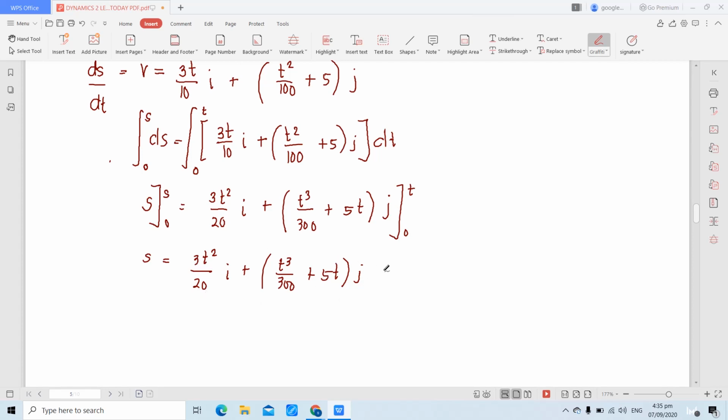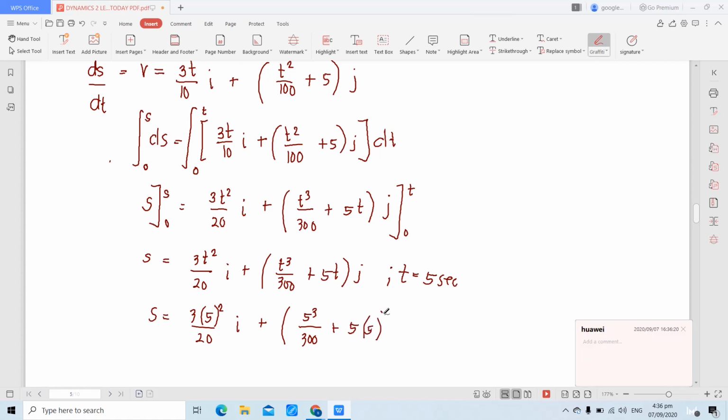Tama? Ano ba yung kinukuha? The distance when the value of time is 5 seconds. So, substitute lang natin. So, s will be equivalent to 3 times 5 squared over 20 i plus 5 cubed over 300 plus 5 times 5 j.